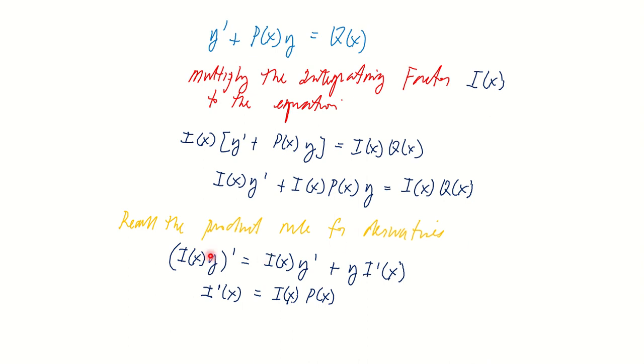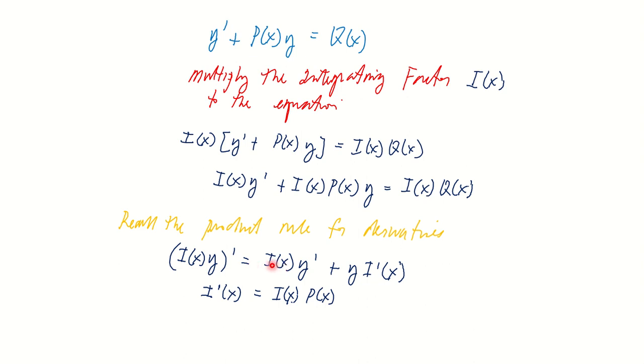If you take the derivative of the product of I(x) and y, the result is I(x)y' + yI'(x). The derivative of the product I(x)y, if you can still recall the rule for derivatives, is u dv plus v du.